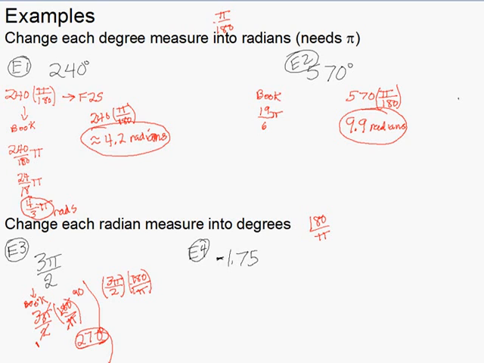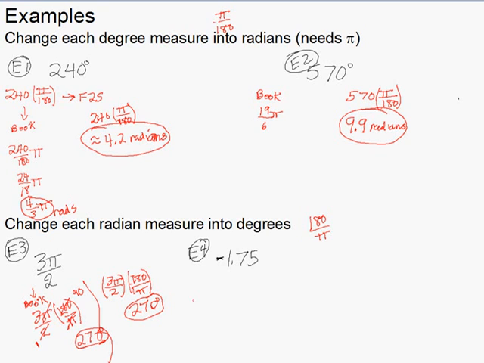If you type this in the calculator like this, then it would also give you 270 degrees. And my pad is not working. Okay. You would also get 270 degrees.